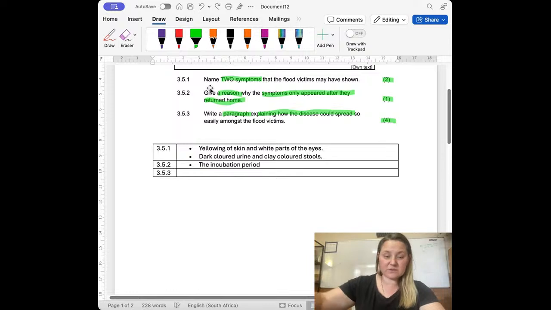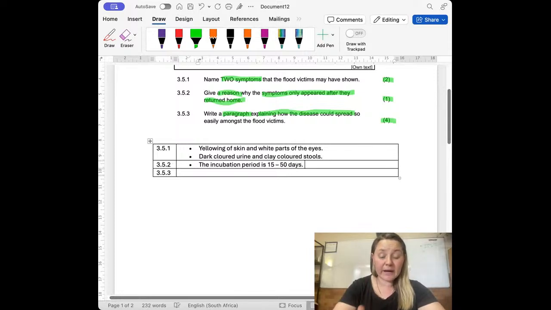I just want to get that out of the way. The incubation period is 15 to 50 days. You could, however, also say it is 3 to 5 weeks.